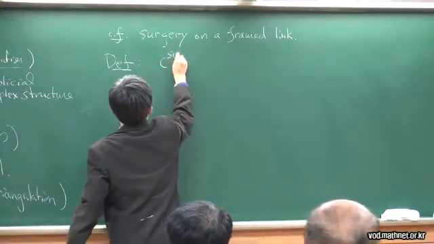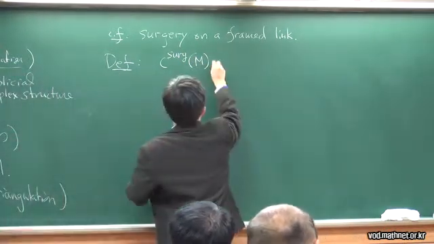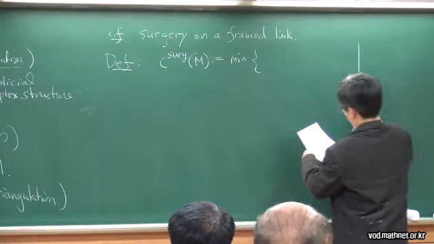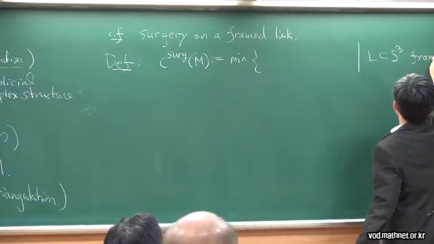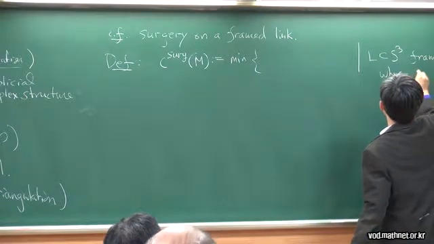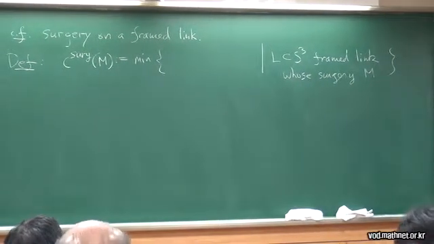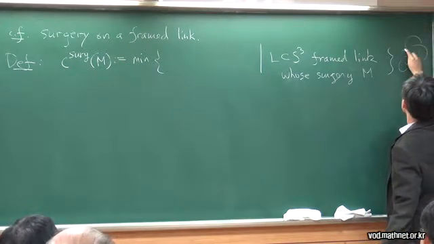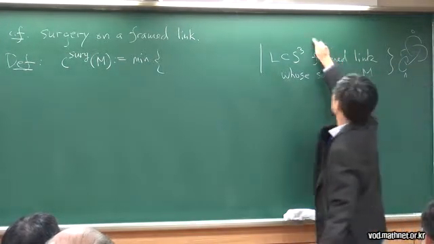Let me denote it by the surgery complexity of M. This is the minimum taken over framed links such that if you perform surgery, then you get M. It's a diagram like this, for instance, 0, 1, and you will get a certain 3-manifold. I'm going to think of integral coefficients only.